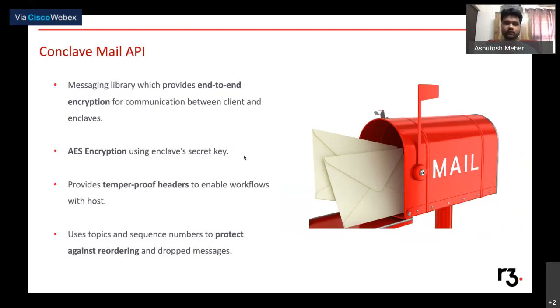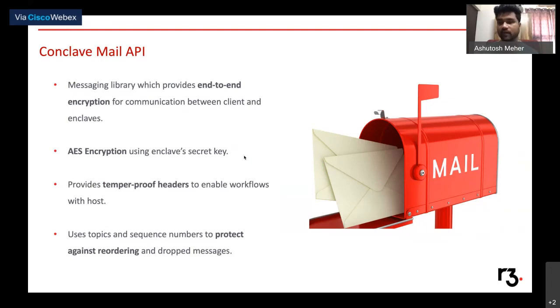It also prevents dropped messages or messages arriving in a different order. Basically, all your messages that are sent using the Conclave Mail API will have a topic, which is like a random string, which you could choose.